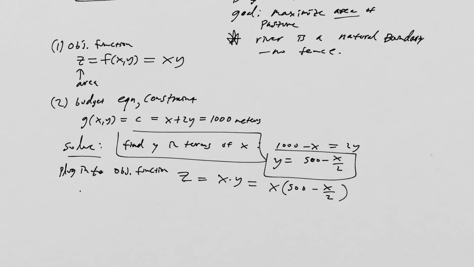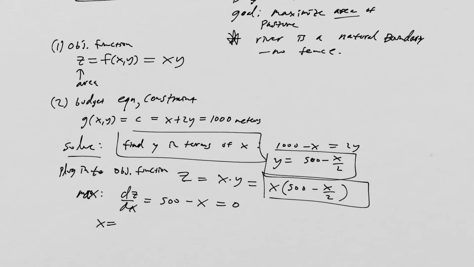And then, of course, what we do is we find the max. It's going to be found by taking dz/dx. Let me write that a little clearer for you. dz/dx is equal to 500 minus x, okay? And that's just taking the derivative of this thing over there. And then, of course, we set it equal to 0. We get x is equal to 500.